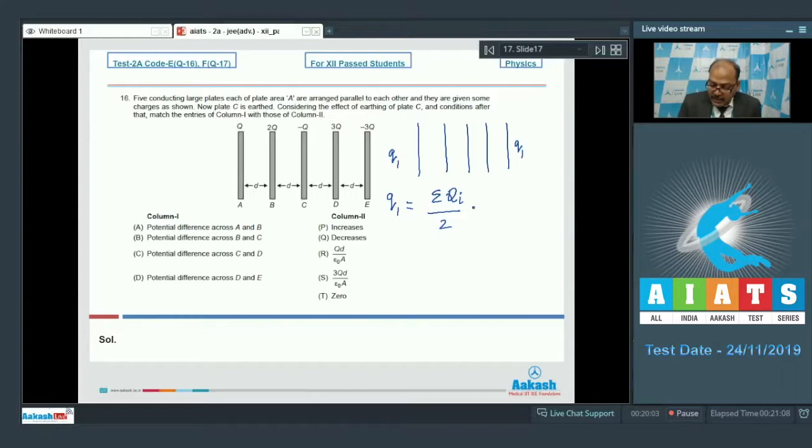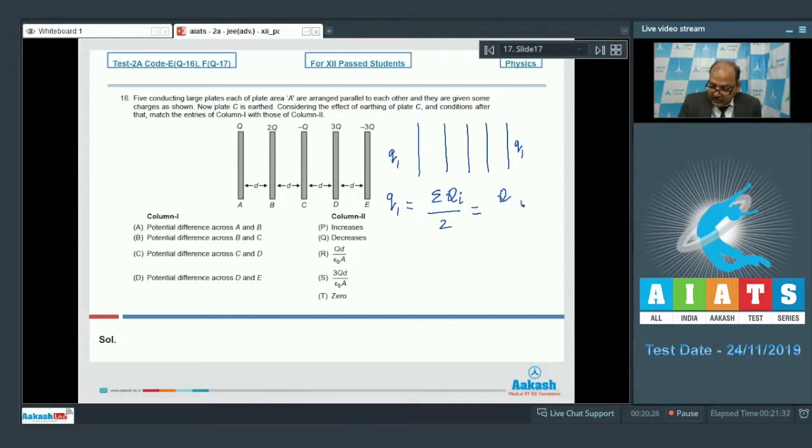In our case, this value is Q plus 2Q minus Q plus 3Q minus 3Q divided by 2. We see that these two exactly cancel, and then we have these two exactly cancel. It's 2Q by 2. That means its value is simply Q.